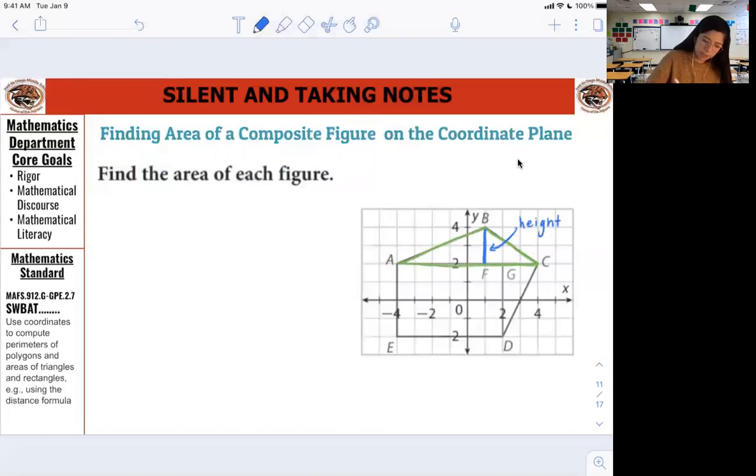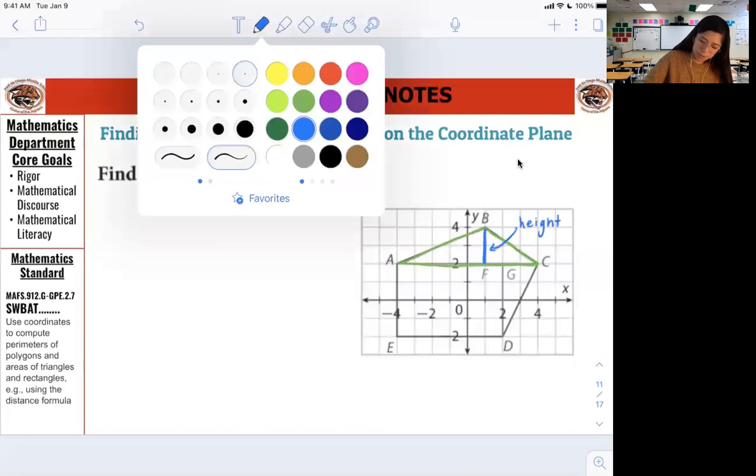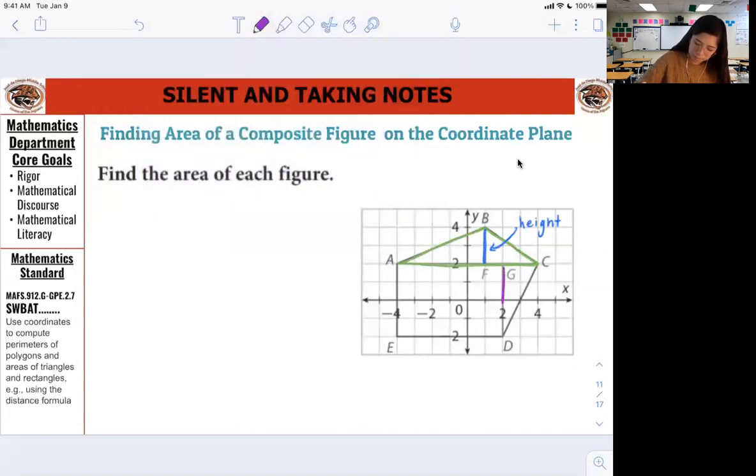And then, okay, so that's one triangle. There's also this one over here. And where's the height of that one? Yeah, it's 2. Where did you look, Perla?